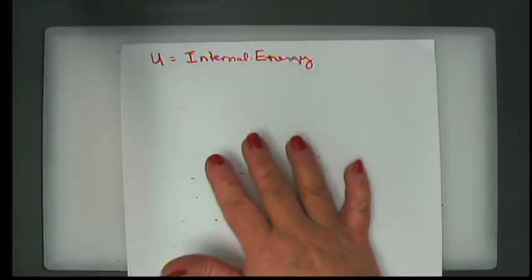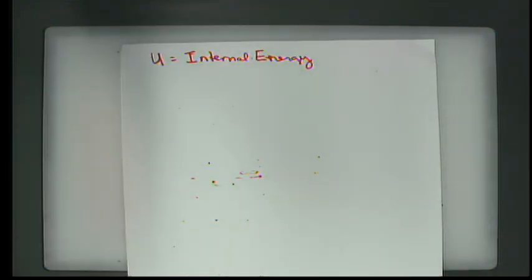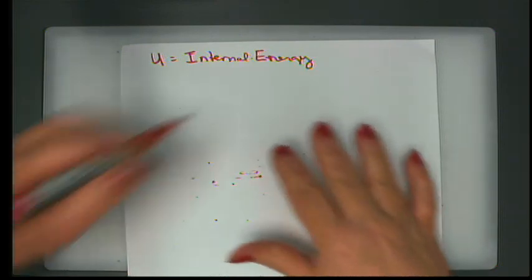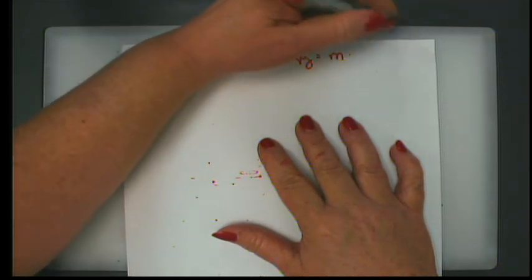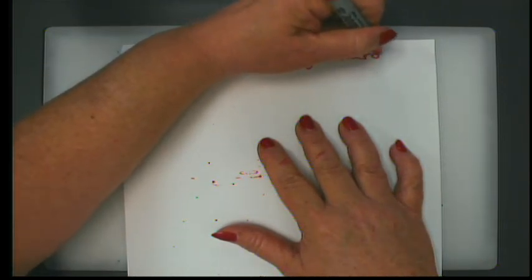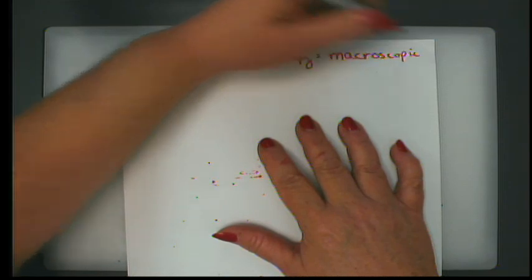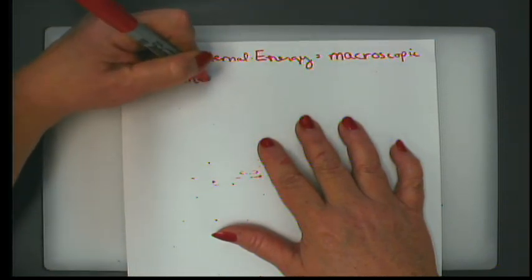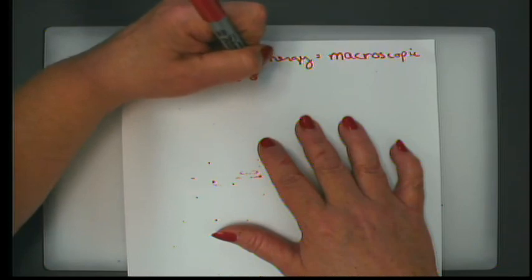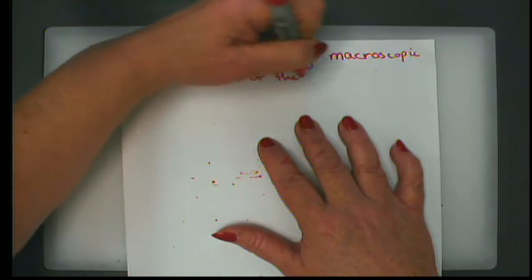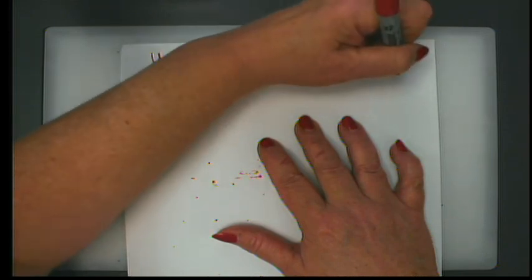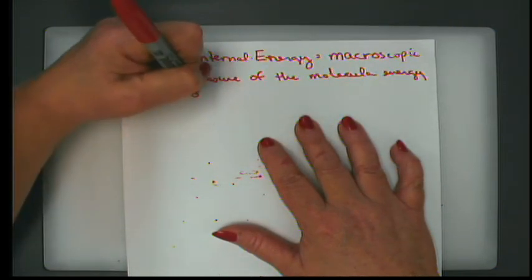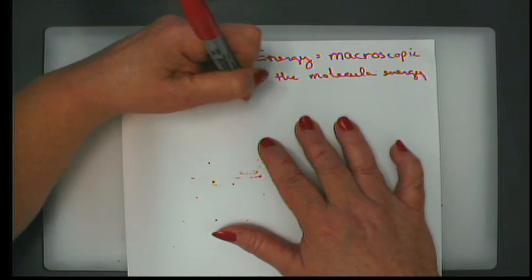Okay, so internal energy is a macroscopic, or measurable in the physical world, or gross property of the molecular energy of a system.